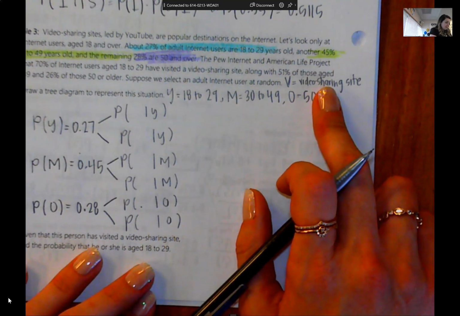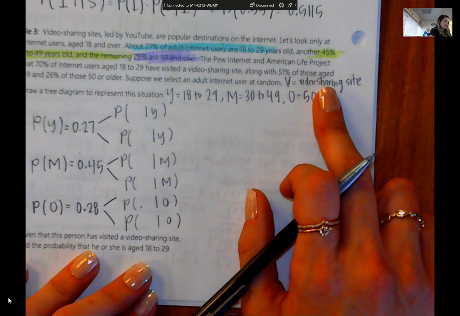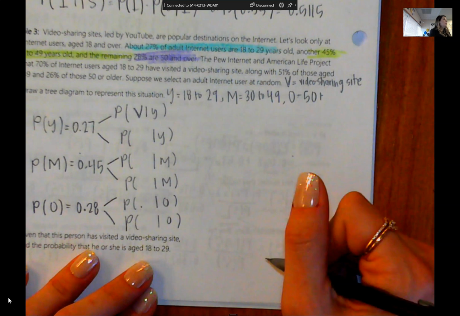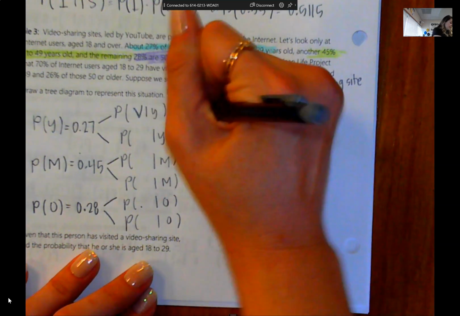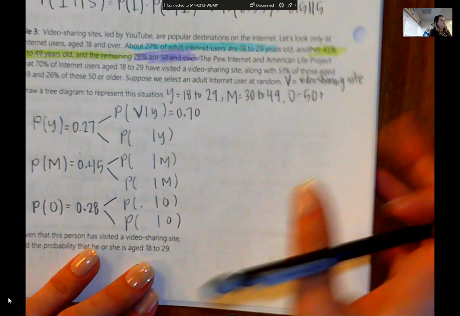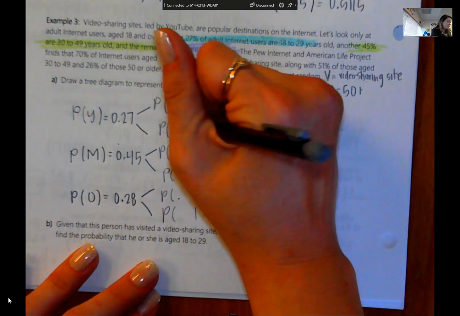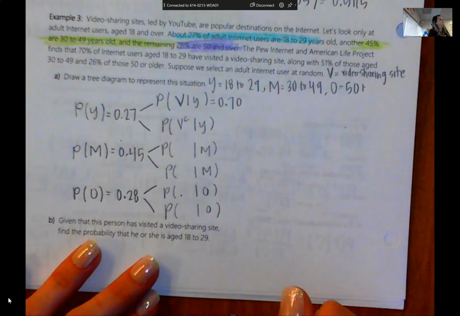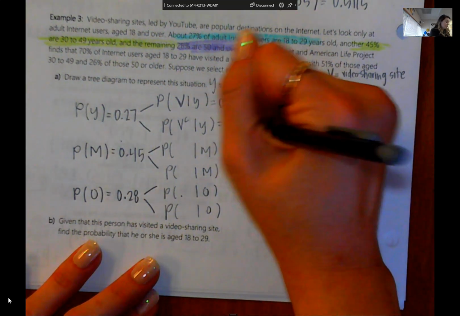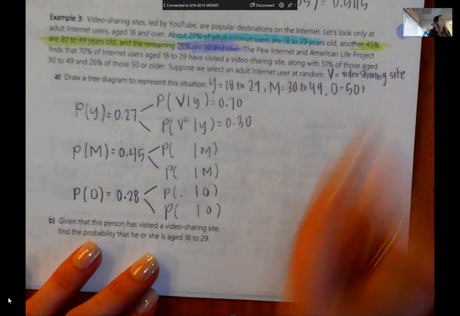The project finds that 70% of internet users in the young group have visited a video sharing site. So V given young is 70%, which means the probability that they do not go to a YouTube-like site, given they're young, is 30.